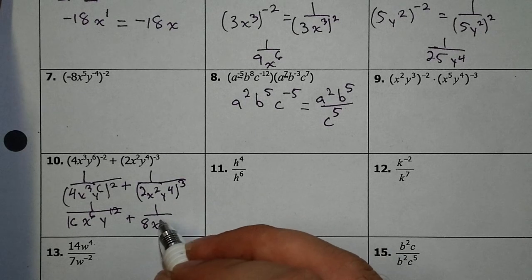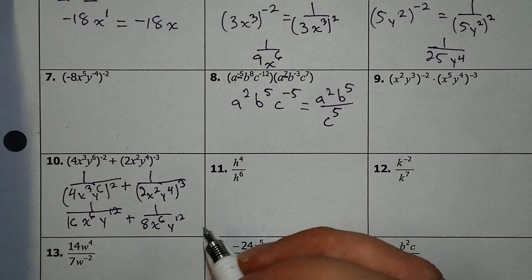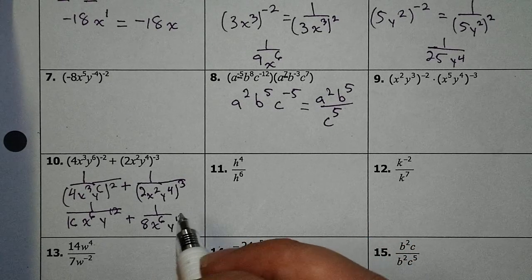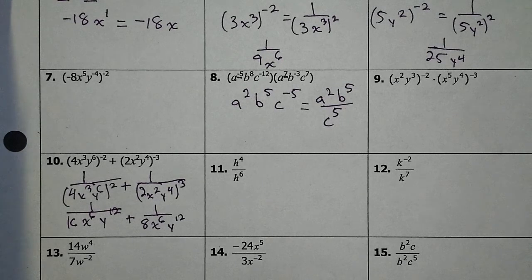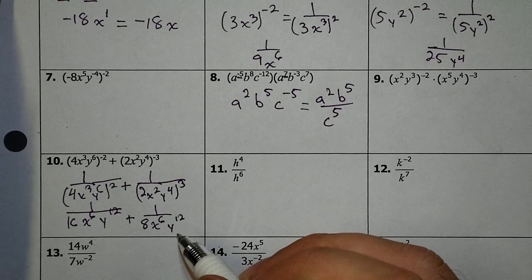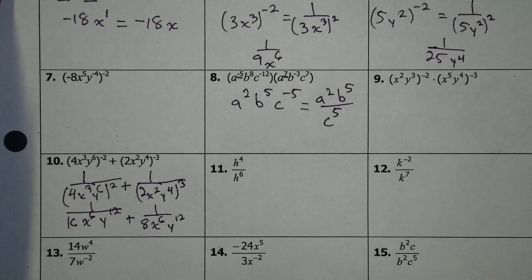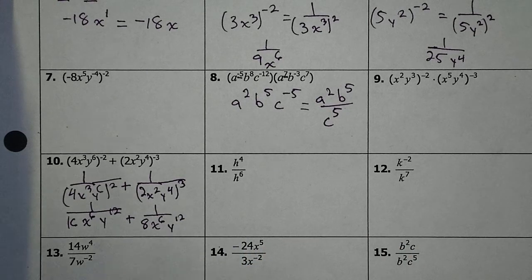X to the 6th, y to the 12th, when I multiply those out. Now, they have the same exponents in there, so we actually can add them. We would have to get the same denominator. So on this one, it was probably more convenient to treat them with negatives and then add them together. Give me one moment.